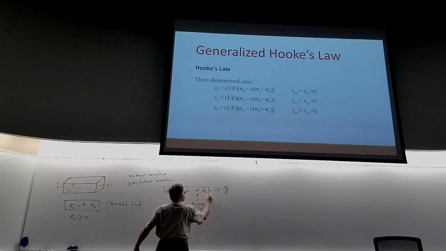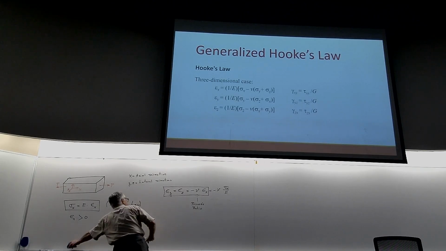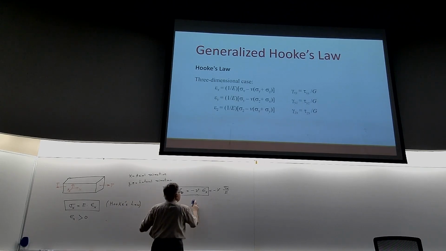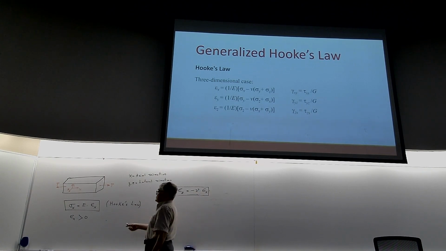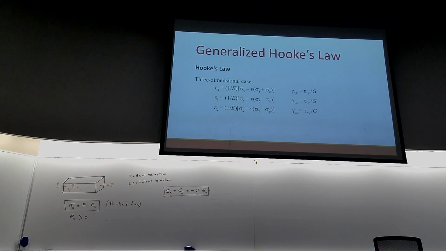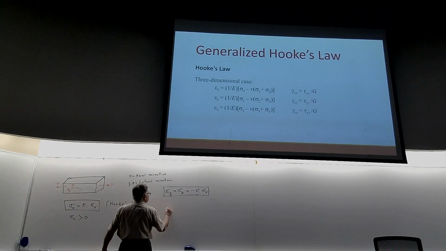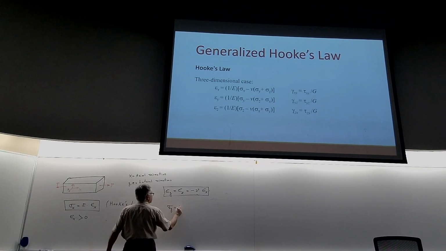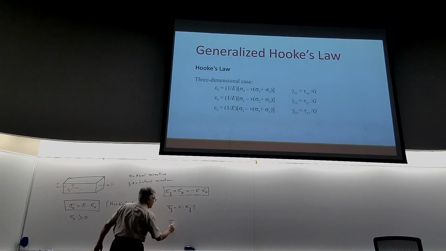Any thoughts on it? So this is Hooke's law in the axial direction. The question is, does this law also work in the cross section? In other words, is sigma y equal to E times epsilon y? And similarly, the same thing in the z direction.